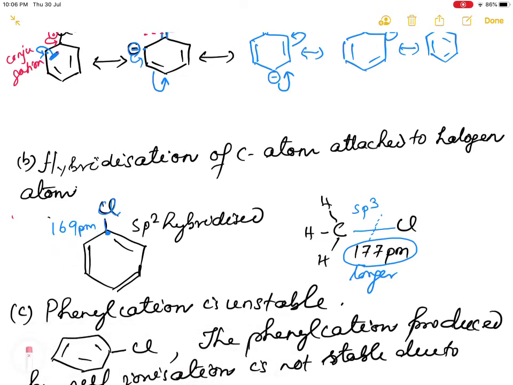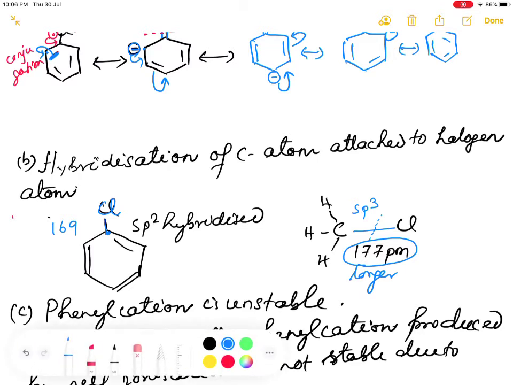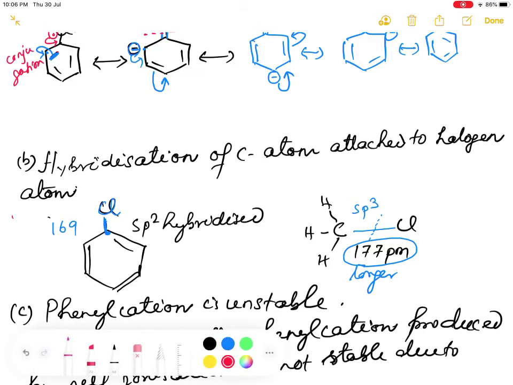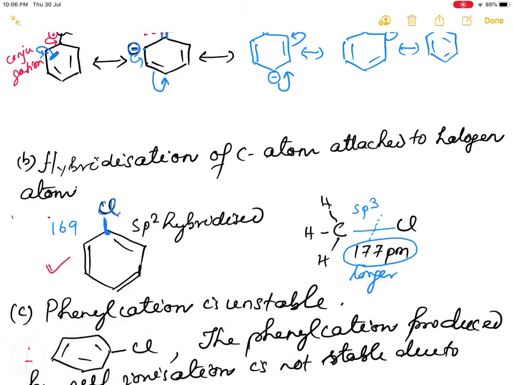This is 169 pm. This is 177 pm. So to break this bond, we have to supply more energy. So substitution nucleophilic reaction in the case of chlorobenzene is not easy over here, but here it is easy.